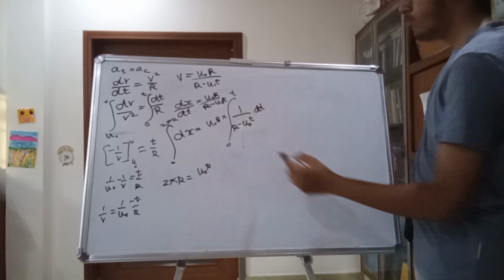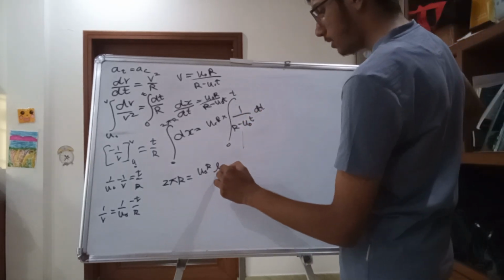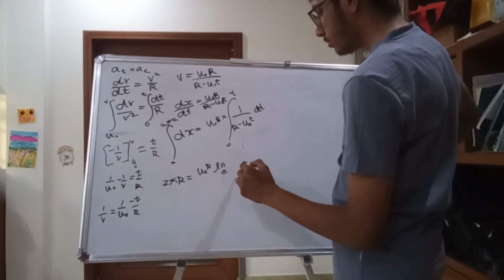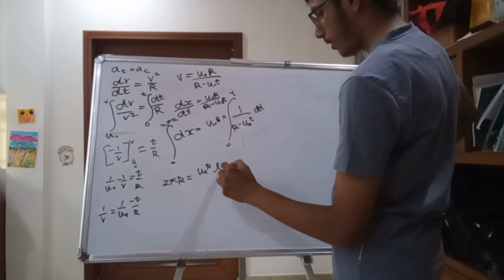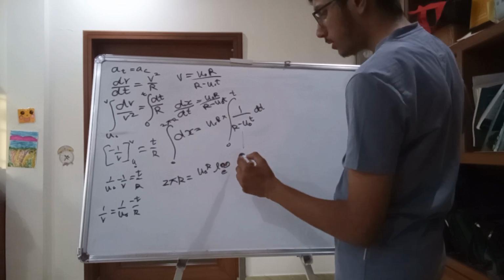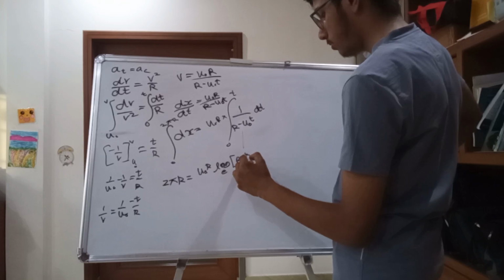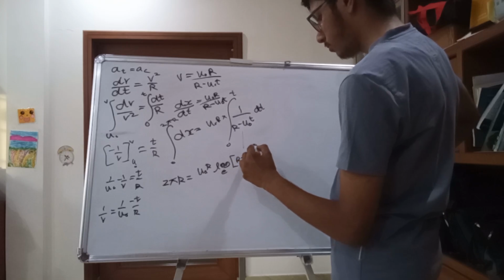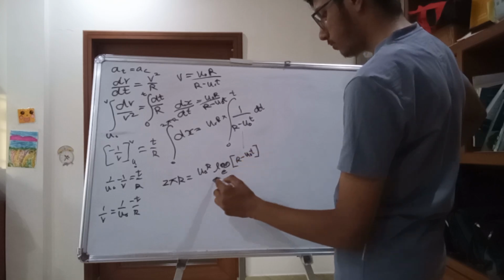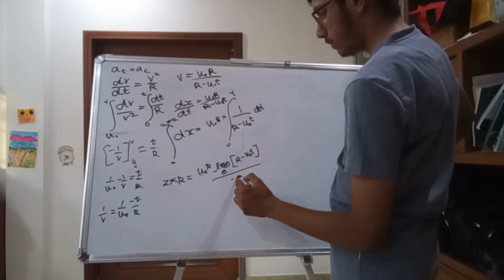What is the integral of 1 by r minus u naught t? This is going to be ln base e. To avoid confusion, let's write log base e of r minus u naught t divided by the coefficient of t, which is minus u naught.